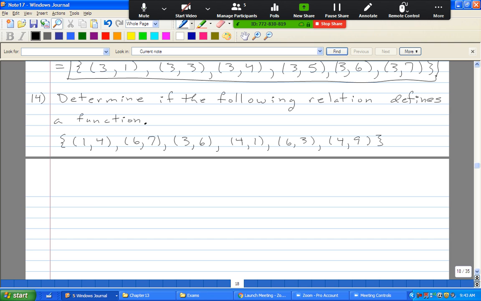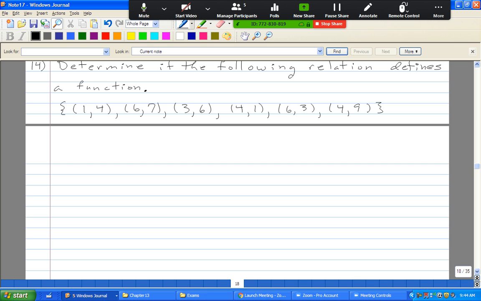Okay, and so let's see. If I look here, my input of 6 gives me an output of 7, but it also gives me an output of 3. So for any input, there's only one output. You don't want 3 outputs. And so since 6 goes to 7, and since 6 goes to 3, then no, this is not a function.